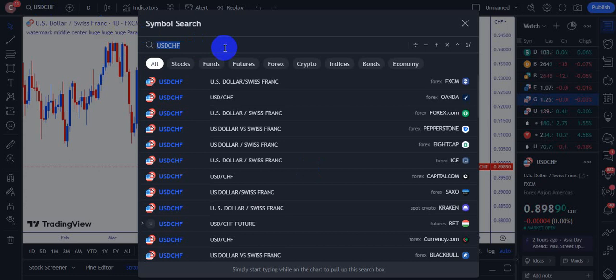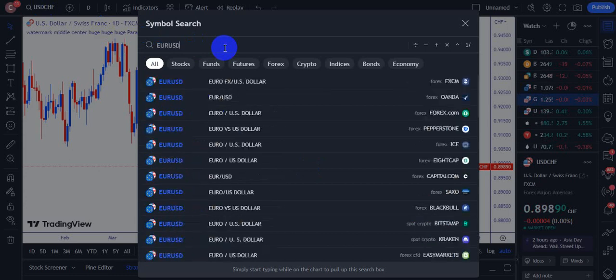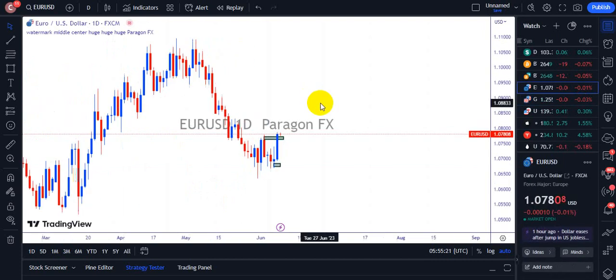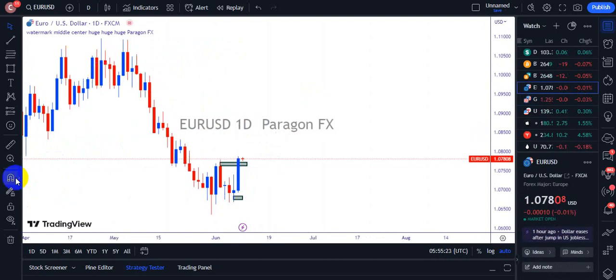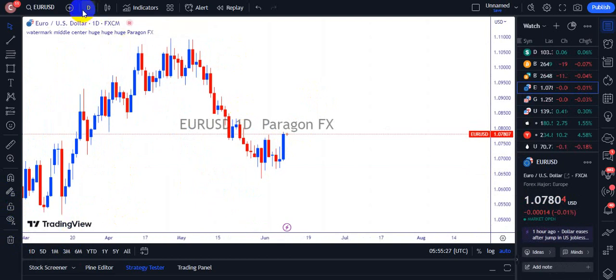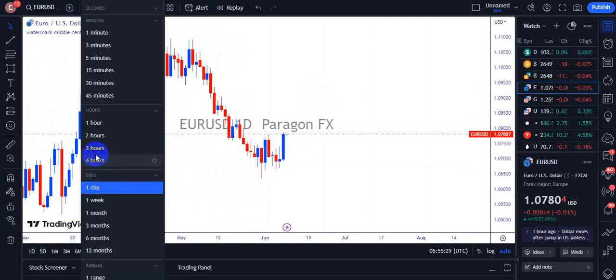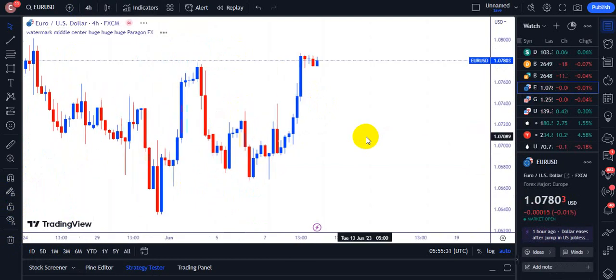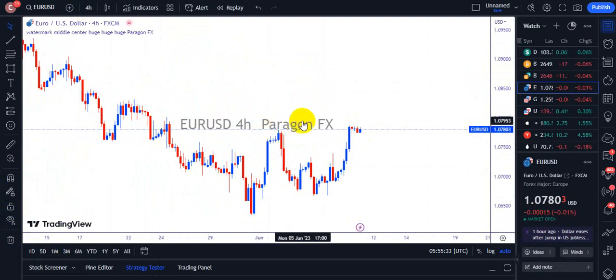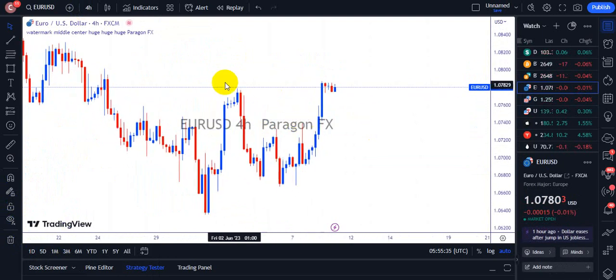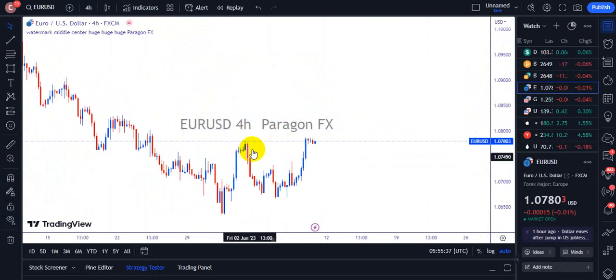Come to the Euro USD. Look at this. As we predicted in previous video, Euro USD has completed the target, break down this high.